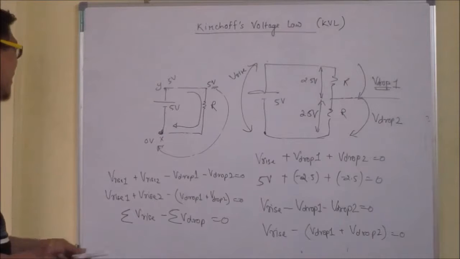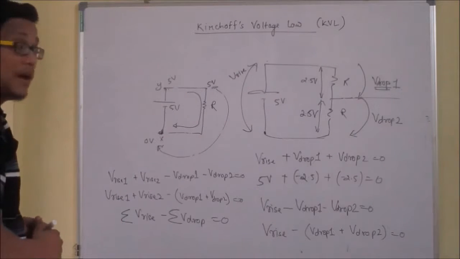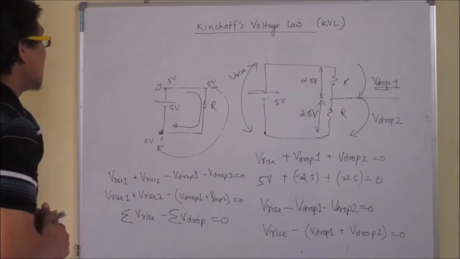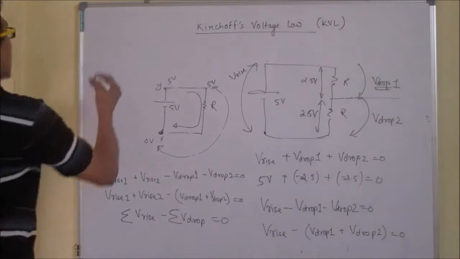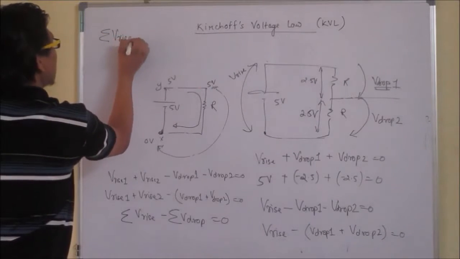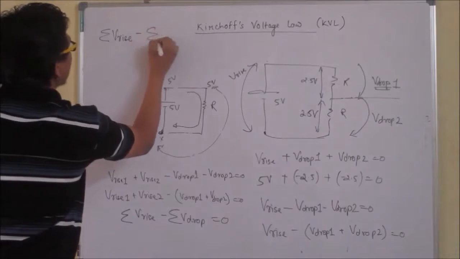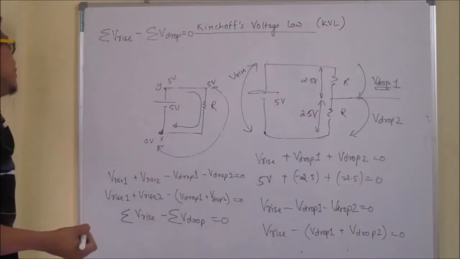Now, if I make this equation more compact, then how will I make that? I will just consider this above, that is summation of V rise minus summation of V drop is equal to 0.